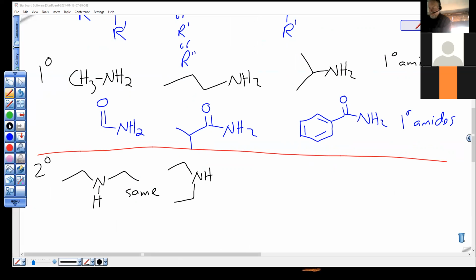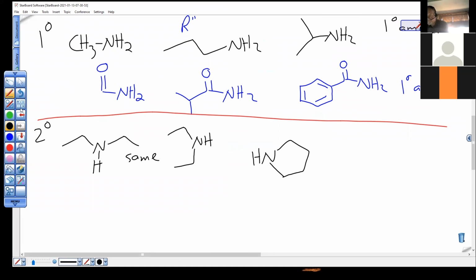Let's put one in a ring. Those are all secondary amines and amides. You get devious and just edit those. And there's another way to show.